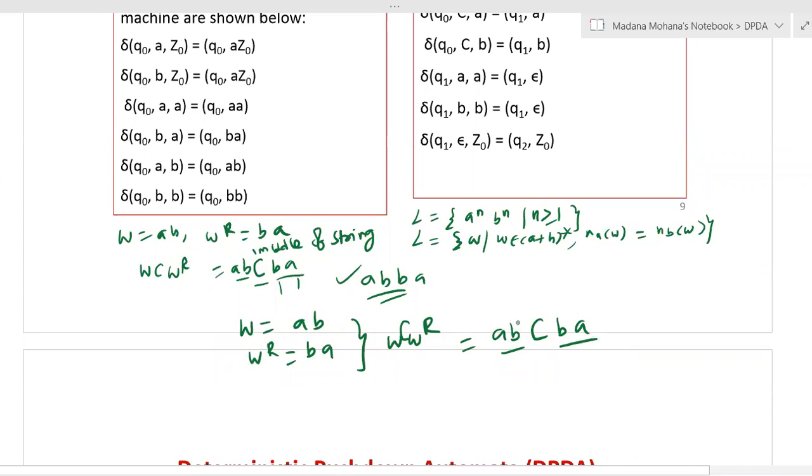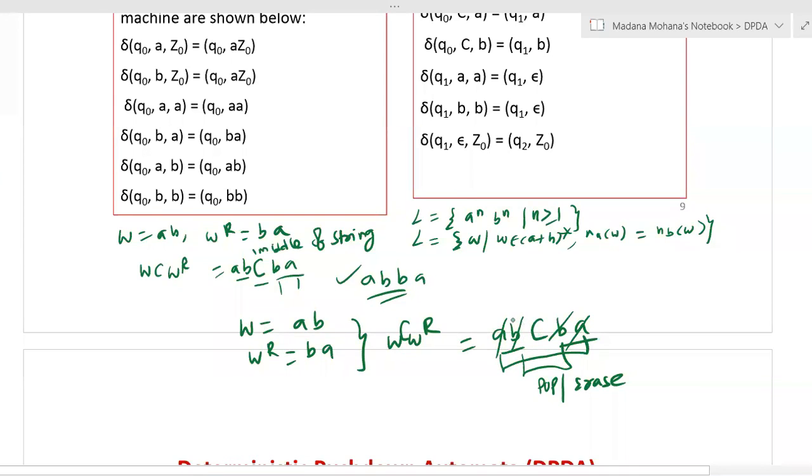The last symbol of the first string and the first symbol of the second string should always be equal. So these two we have to pop or erase. Next time, the next symbols are again equal, so again we have to pop or erase. That is the logic of the palindrome string.